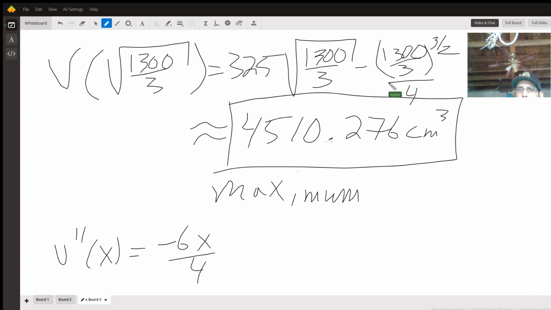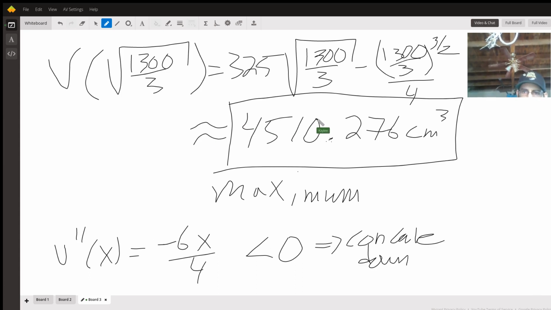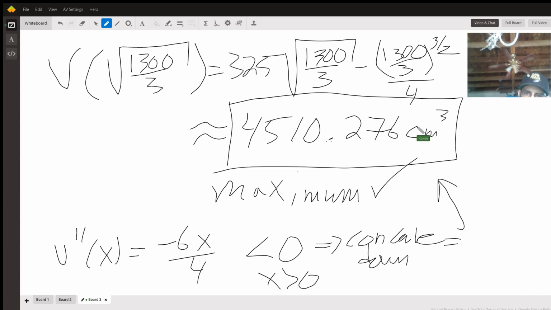And if you plug in a positive number, this is going to be less than 0, which means concave down whenever x is positive specifically, which means that this is a maximum value. And that's it. There you go, maximum volume.